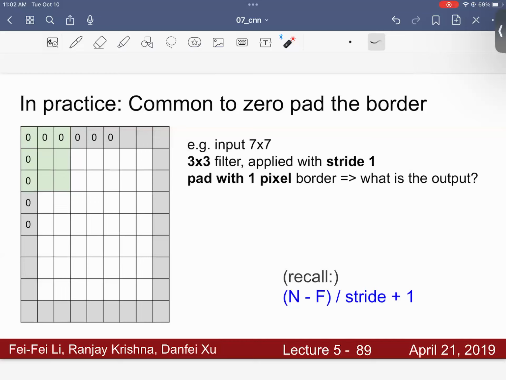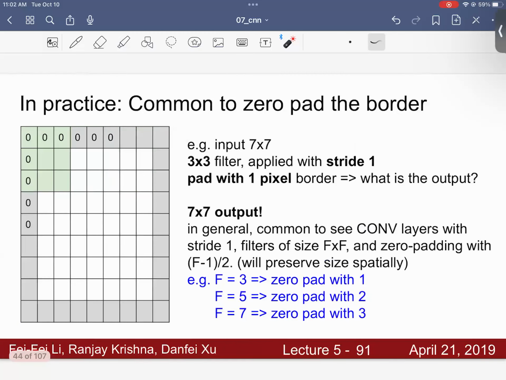And on 9 by 9, when you use a 3 by 3 filter, you will have a 7 by 7 output. So that's how you keep the same dimension between input and output, by using padding.